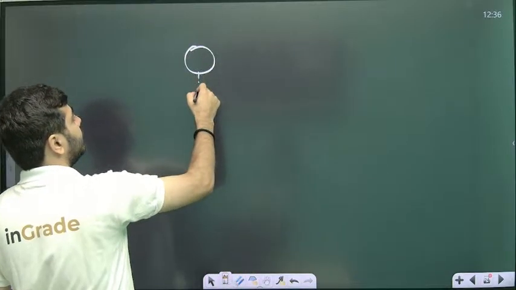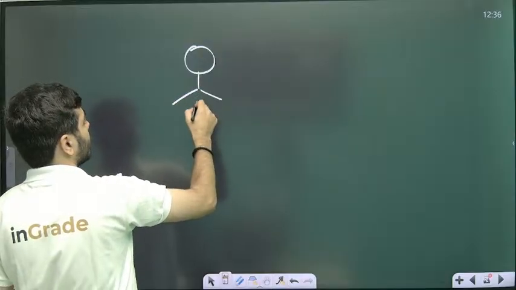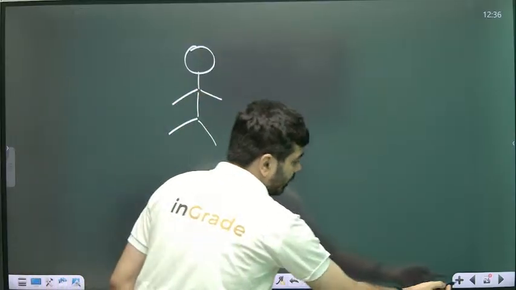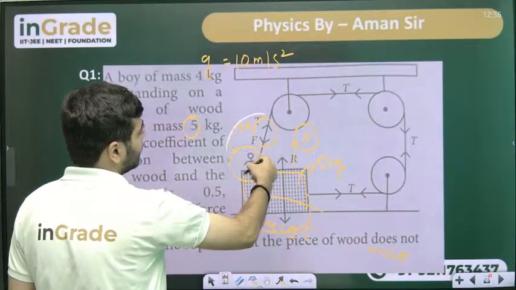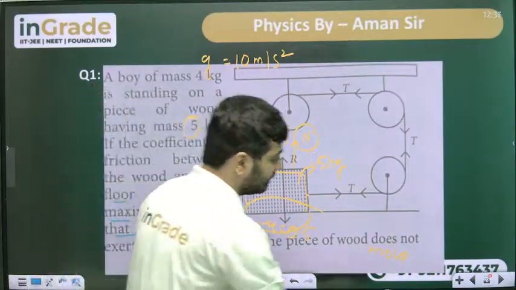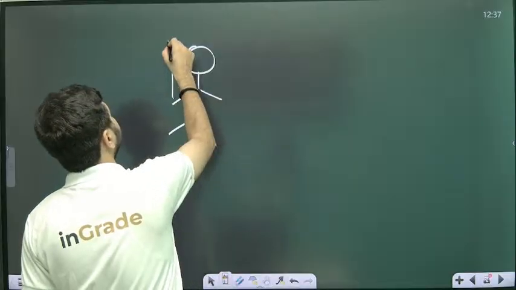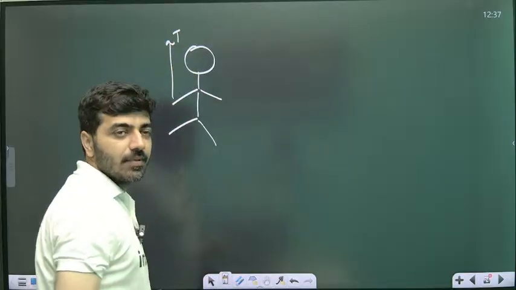This is the boy. The boy is holding a wire, which means tension is acting upon it, simply a T in the upward direction.